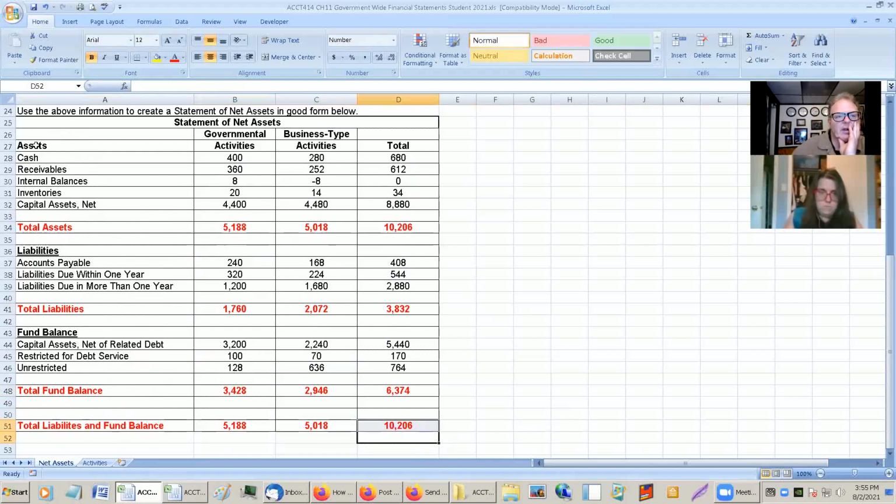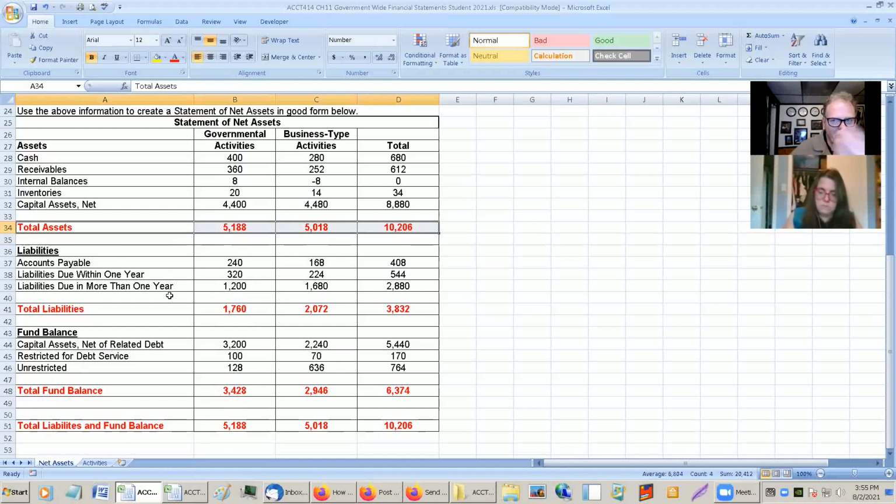You'd have assets, liabilities, and equity. Assets equal liabilities plus equity, and basically it explains where you got them from. For instance, how did you get these total assets? Well, you borrowed 1,760, and the governmental agency kicked in 3,428, and that's how you got all these assets. Basically it explains where you got the assets.